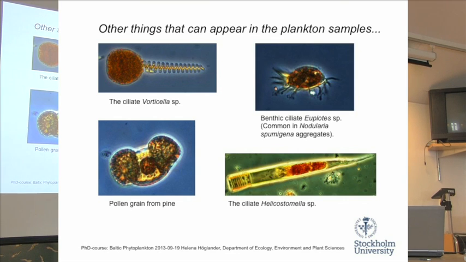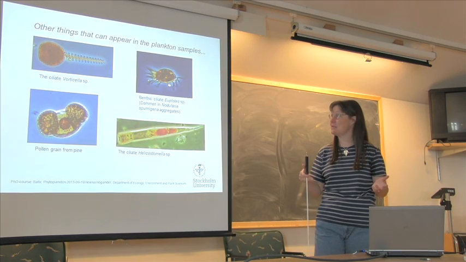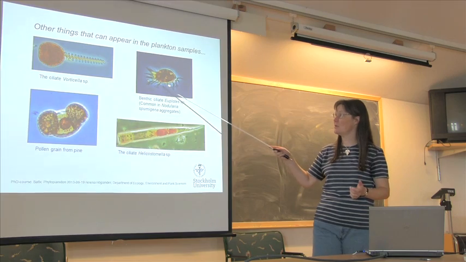Sometimes you see just the cord of it, attaching to something. And you can see these small ciliates walking around on the filaments of Nodularia during summertime. On the aggregates, they can be very, very abundant. They're quite fun to see walking around.